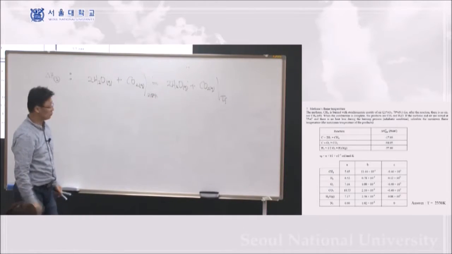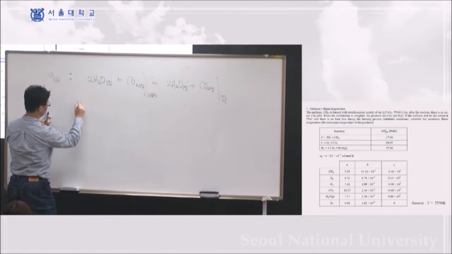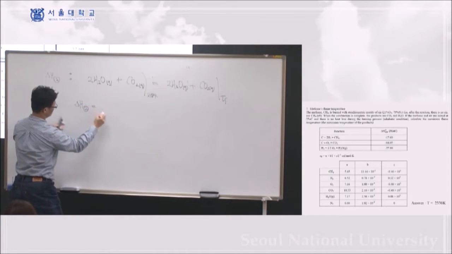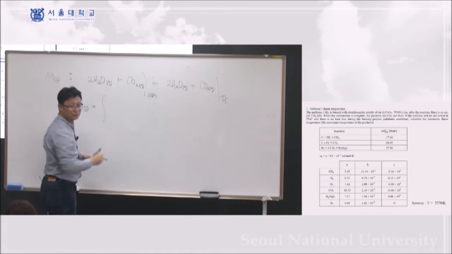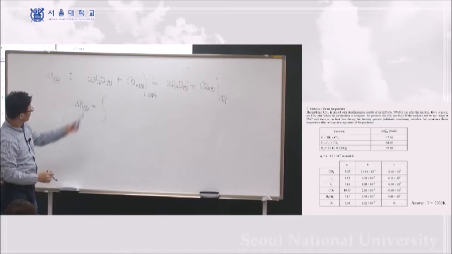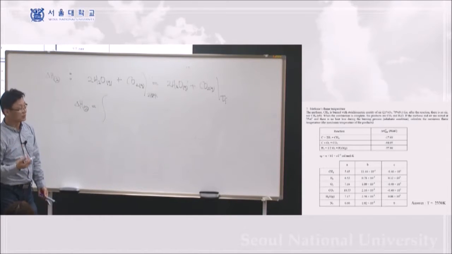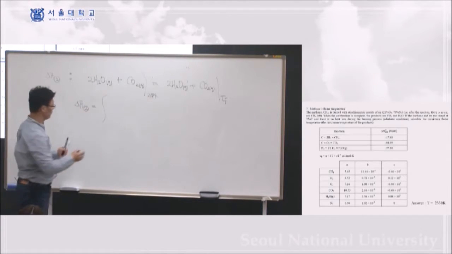Yeah? So this means delta H2 is the heat difference between 2 different temperatures. So if you have heat capacity values, you can just use them for the integral.